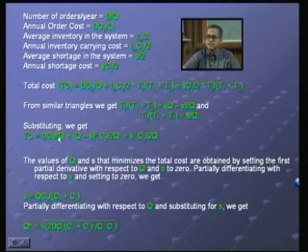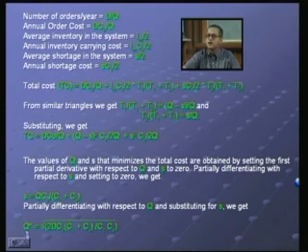Now, we have to partially differentiate this with respect to Q, and all the three terms involve Q. So, it is a slightly involved partial differentiation, and we have to do that, and then in the first derivative with respect to Q, we have to go back and substitute for S equal to QCc by Cc plus Cs, and then when we simplify this, we get this expression: Q star is equal to root of 2D C naught into Cc plus Cs by Cc Cs, or root of 2D C naught by Cc into Cc plus Cs by Cs.